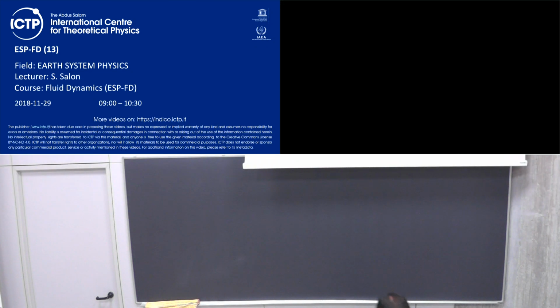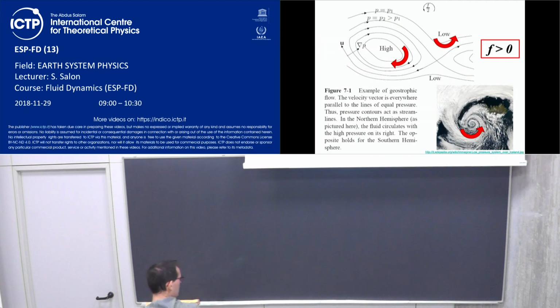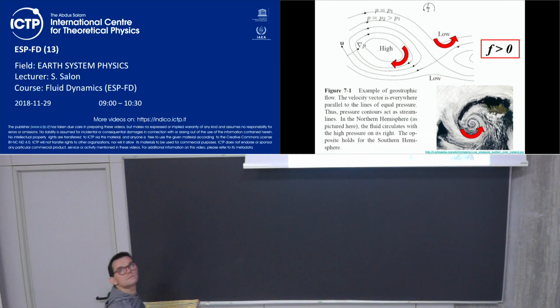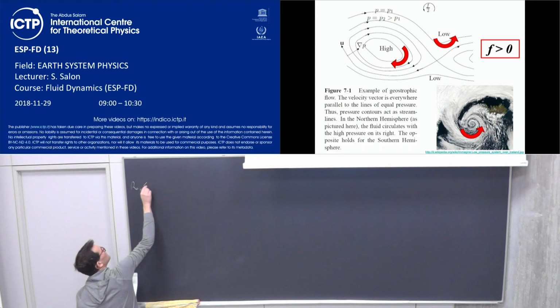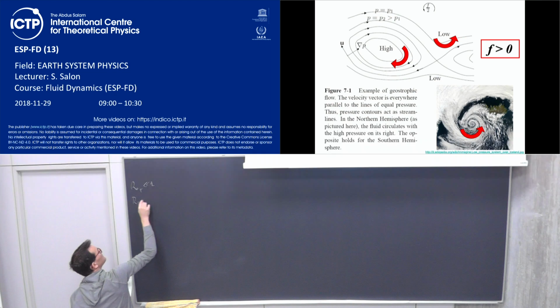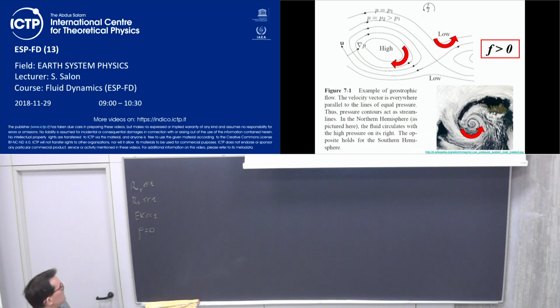Okay, so yesterday we introduced the geostrophic flows. Geostrophic flows are characterized by the fact that we have the temporal Rossby number much smaller than 1, the Rossby number much smaller than 1, the Ekman number much smaller than 1, and the homogeneous condition, so no variation of density.